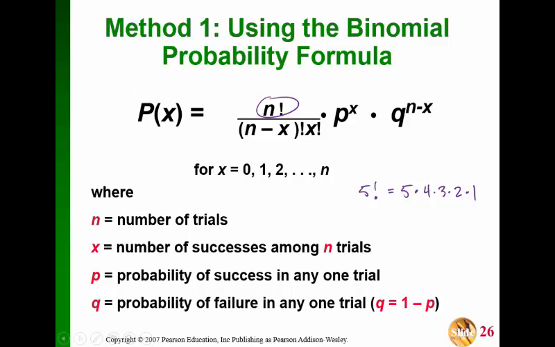And so we're going to need other ways to compute this binomial distribution formula. Oh, by the way, 0 factorial is equal to 1. That's just a special value.